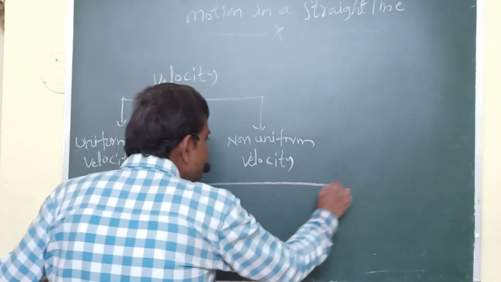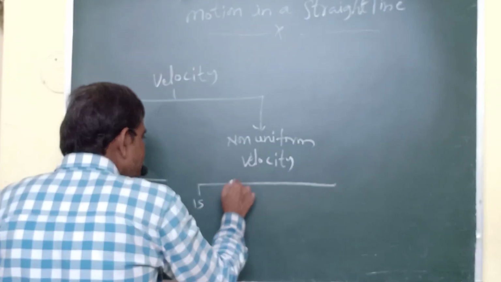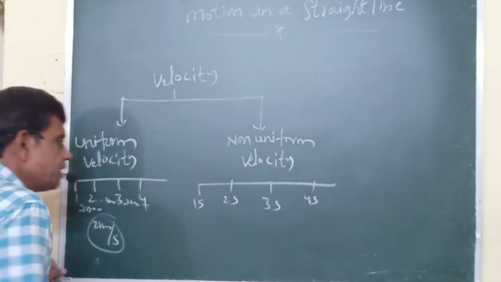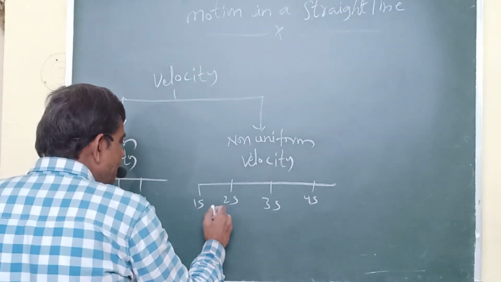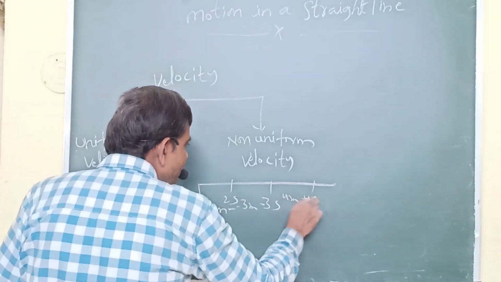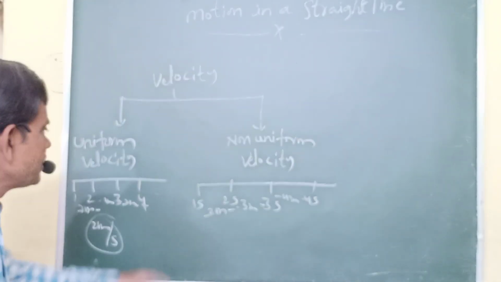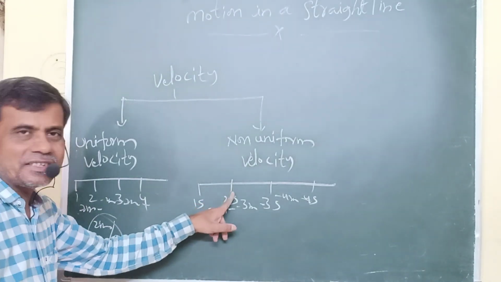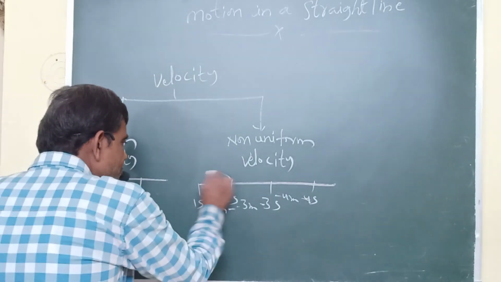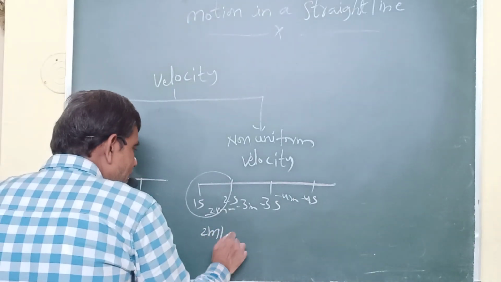What is non-uniform velocity? Here you take 1 second, 2 second, 3 second, 4 second. In the first 1 second duration, it is traveling 2 meters. Next it is traveling 3 meters. Next it is traveling 4 meters, like that. So here the velocity is 2 meters per second.